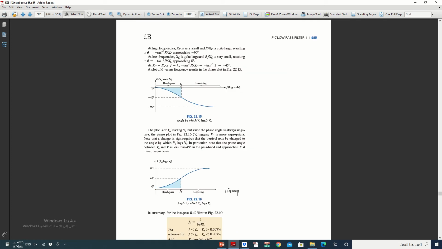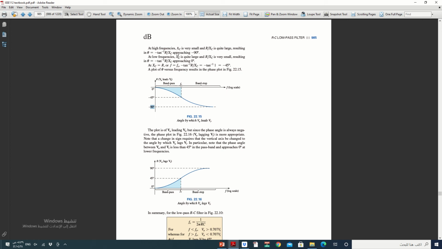Now if we need to see the frequency with the angle, how to draw the frequency with the angle? Assume we substitute xc with a very small quantity. You will get r over xc as a large quantity, resulting in minus tan inverse approaching almost minus 90.